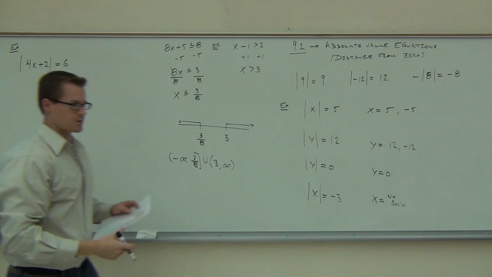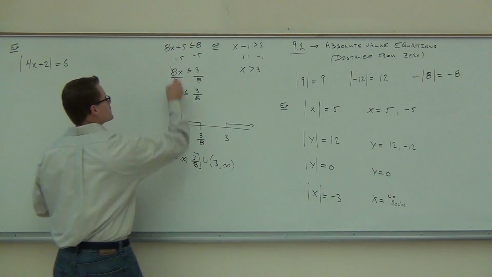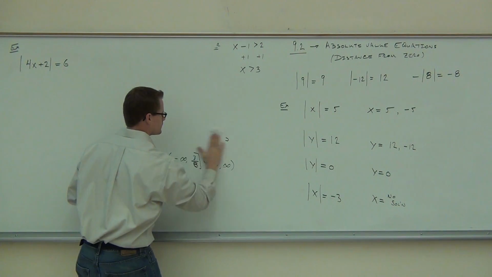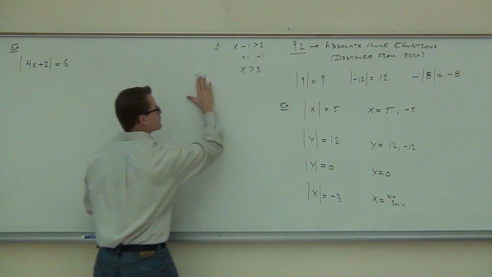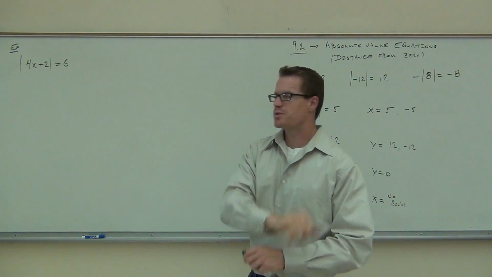Let's write that down. So the absolute value of 4x plus 2 equals 6.